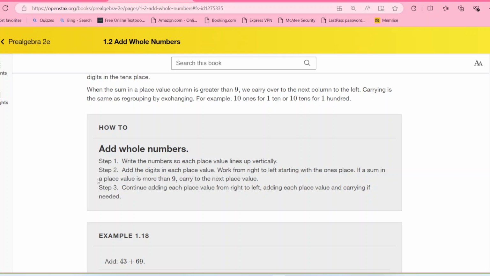If a sum in a place value is more than 9, carry to the next place value. Right? You're going to be doing exchanging for one block or one rod or one square in the next higher place value. Step 3, continue adding each place value from right to left, adding each place value and carrying if needed.